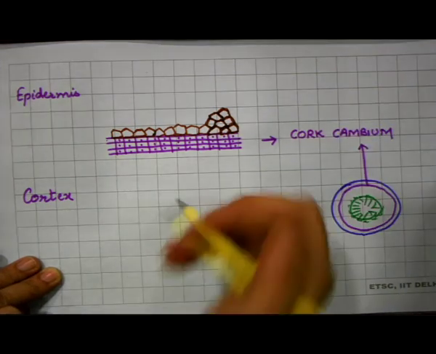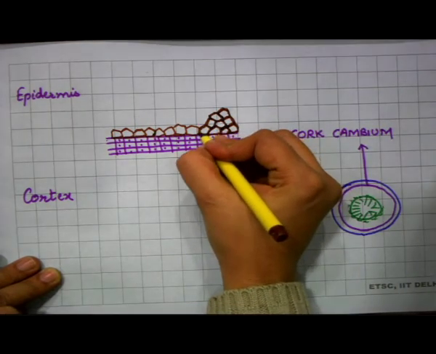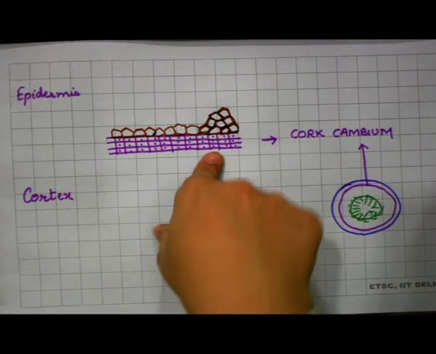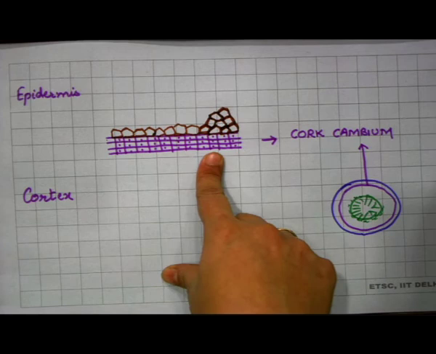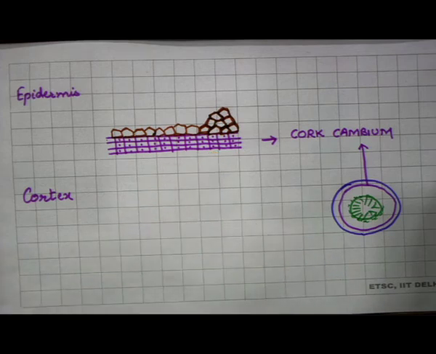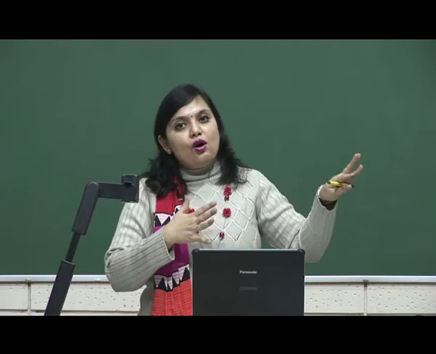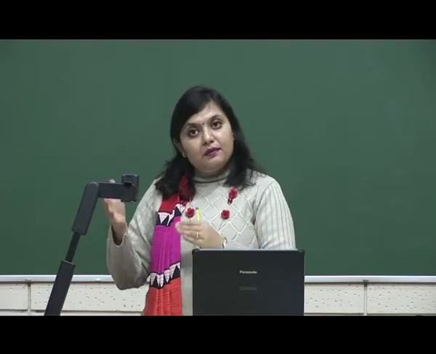This is how we draw thickenings. And you know what? We use colors also in the paper, not to make our diagrams aesthetically appealing and beautiful. No, we use colors because we are using them for coding our diagrams. That brown color here represents cork and the pink color here represents the cork cambium, so on and so forth.